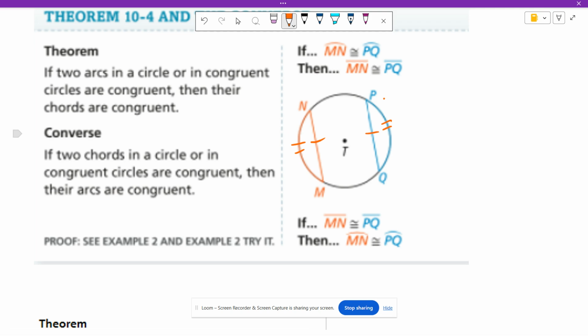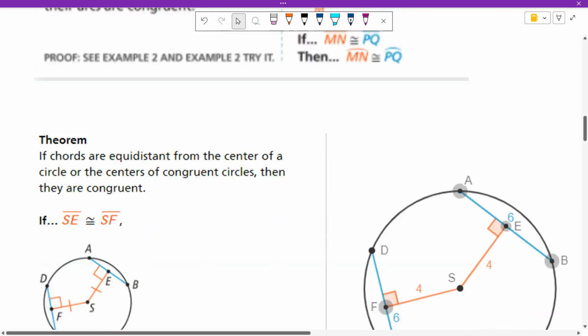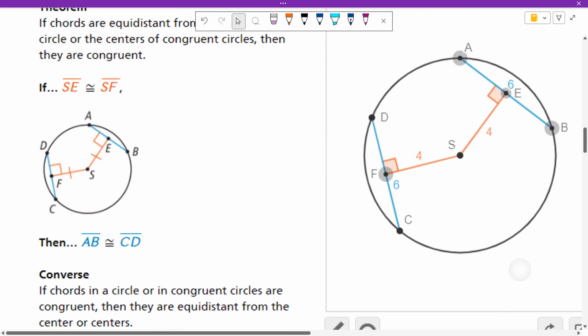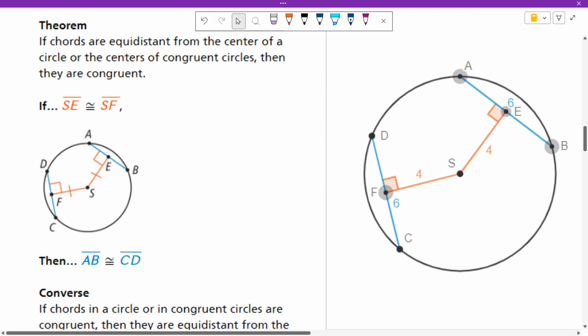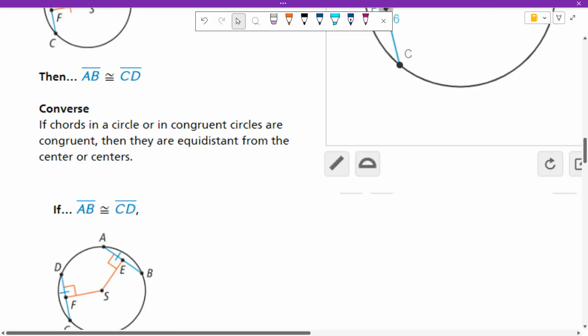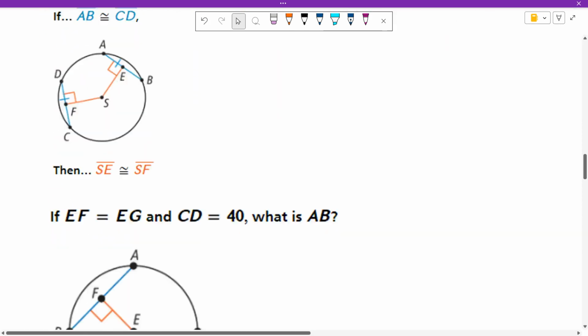And if this chord is congruent to this chord, this arc is congruent to this arc. And if this is congruent to this, they're the same distance away from the center. So lots of congruent stuff going on today.